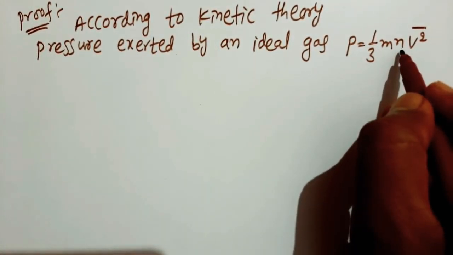Here n is the number density, that is the number of molecules per unit volume.